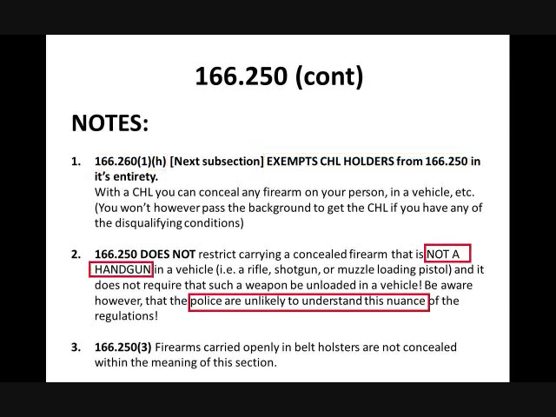And 166.250 does not restrict carrying a concealed firearm that is not a handgun in a vehicle. So if you've got a rifle, a shotgun, a muzzle-loading pistol, it does not require that such a weapon be unloaded in a vehicle. Be aware, however, that the police are unlikely to understand this nuance of the regulations. Then 166.253, if it's openly carried in a belt holster, it's not concealed.